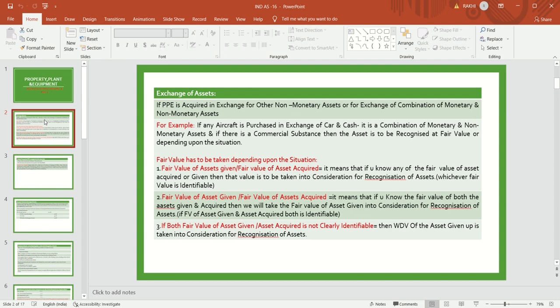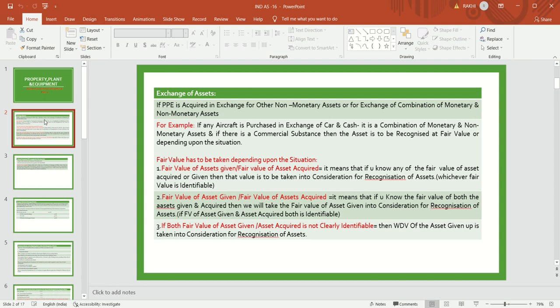It is a combination of monetary and non-monetary assets, and if there is a commercial substance, then the asset is to be recognized at fair value or depending on the situation. Means if in this transaction there is a commercial substance, we all know that if the company is exchanging an aircraft with a car, that is not the same class of asset. So it has a commercial substance.